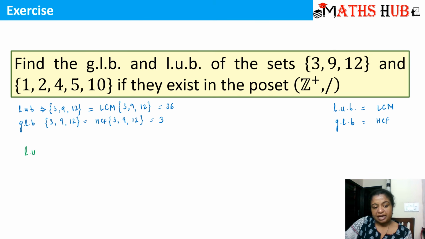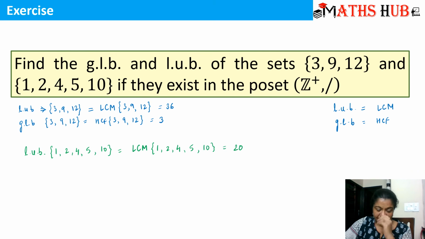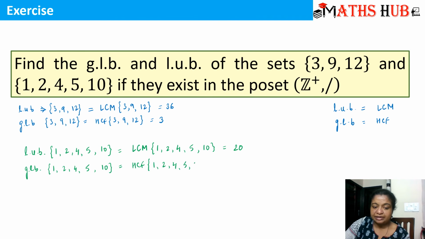If I have to calculate the LUB of 1, 2, 4, 5 and 10, LUB means to calculate the LCM of 1, 2, 4, 5 and 10. And what is the LCM? It is 20. Similarly, what is the GLB of 1, 2, 4, 5 and 10? The GLB means we need to calculate the HCF of 1, 2, 4, 5 and 10. And the HCF is 1.